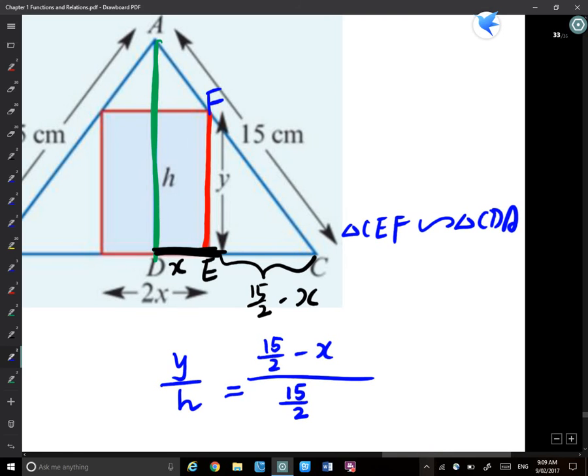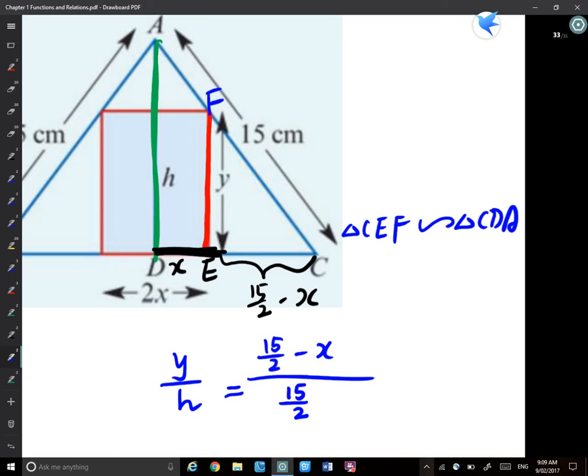The small triangle is similar to the big triangle there. So y over h equals 15 on 2 minus x over CD. CE over CD equals EF over AD. You can see the ratio.